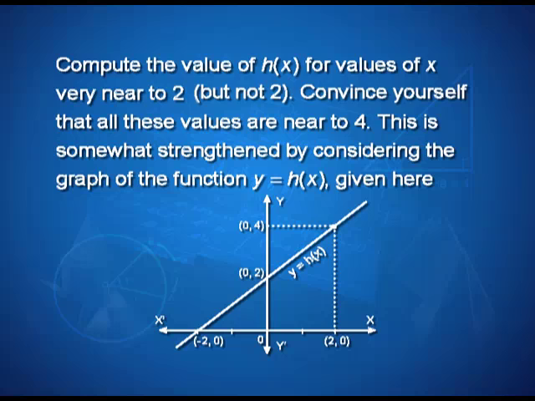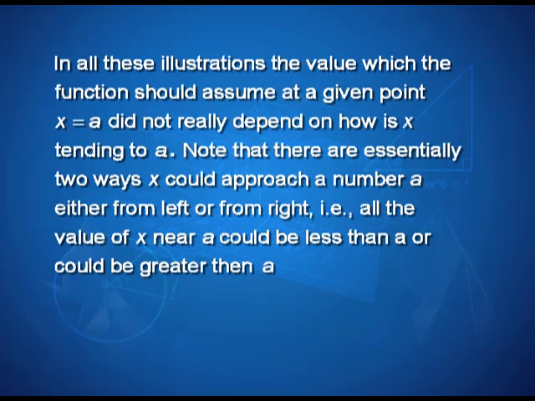In all these illustrations, the value which the function should assume at a given point x is equal to a did not really depend on how x was tending to a.